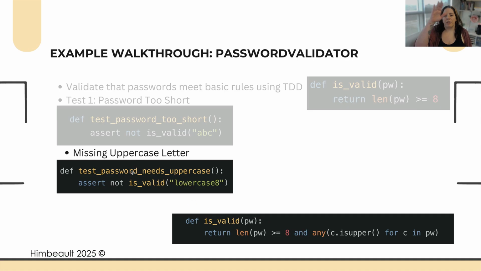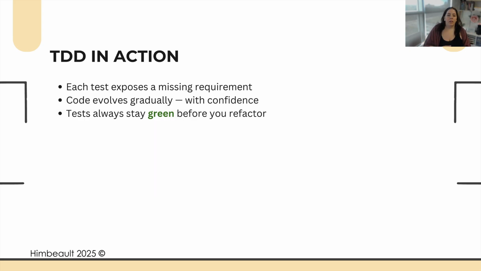So we can see how we've got this red and green going on, and as our code becomes more and more complicated, we start to enter into that refactoring step as well. So each test effectively is exposing a missing requirement. We have our list of things that we want to make sure we have to make a password valid, and each of our tests should be exposing a situation in which our code would fail.